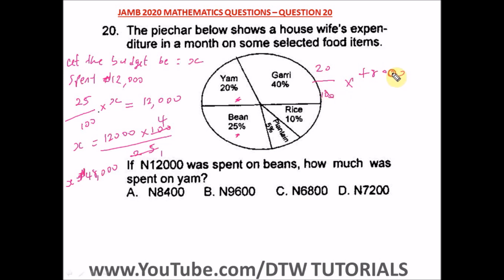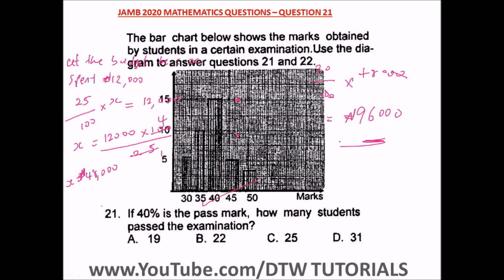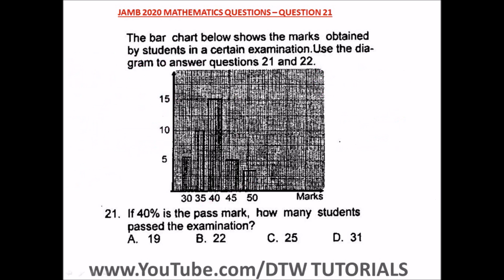So zeros cancel zeros. So 480 times 20 is equals to 9,600. So she spent this amount on yam. So this is our answer. So with that, we'll go to question number 21.